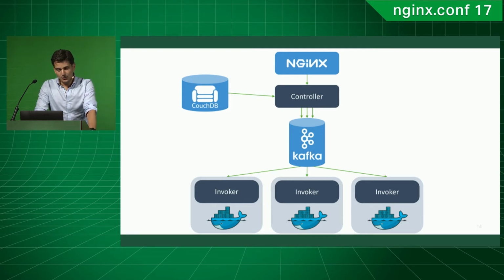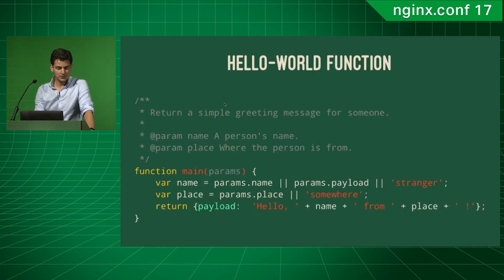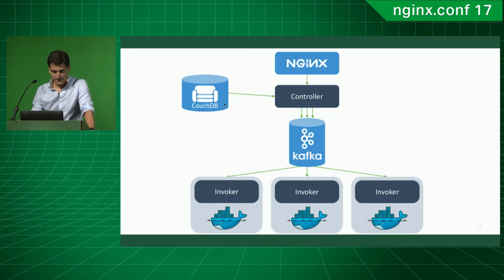Then invokers are agents that run on a single virtual machine, and they consume messages from the Kafka queue and start Docker containers, then push the code into the Docker container. That's called a cold start. Then they invoke the function, and then put the response back via Kafka into a document DB, which so happens to be CouchDB.